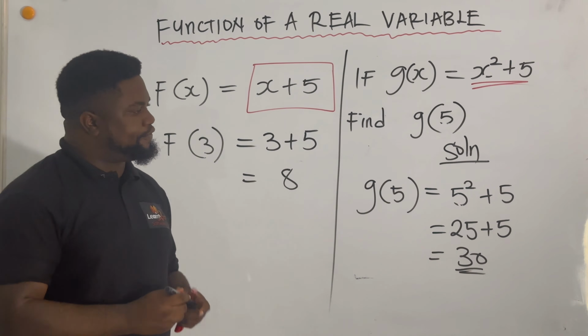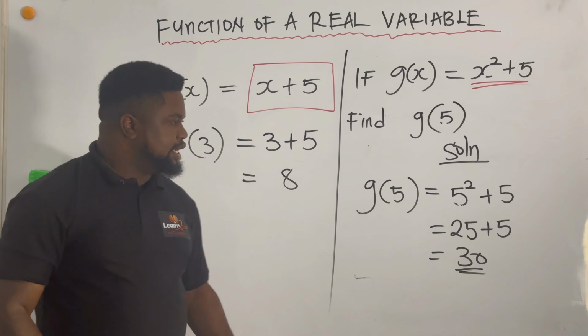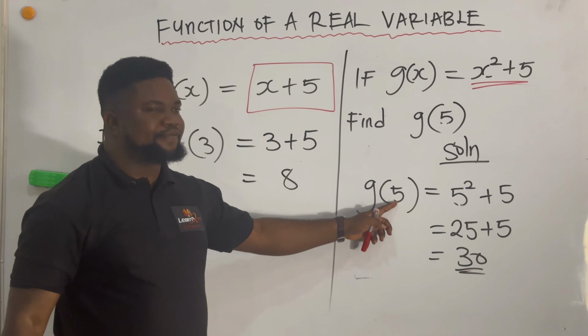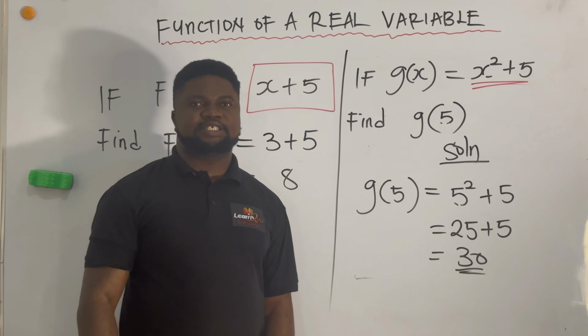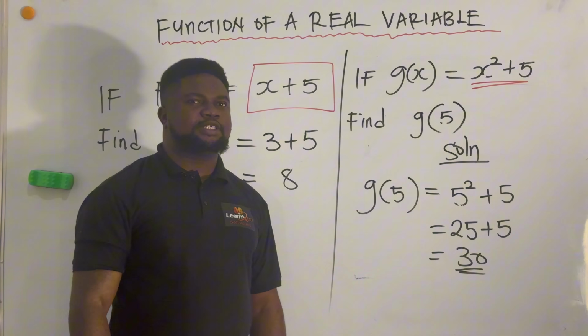So g of 5 is 30. The input is 5. The output is 30. That's it.